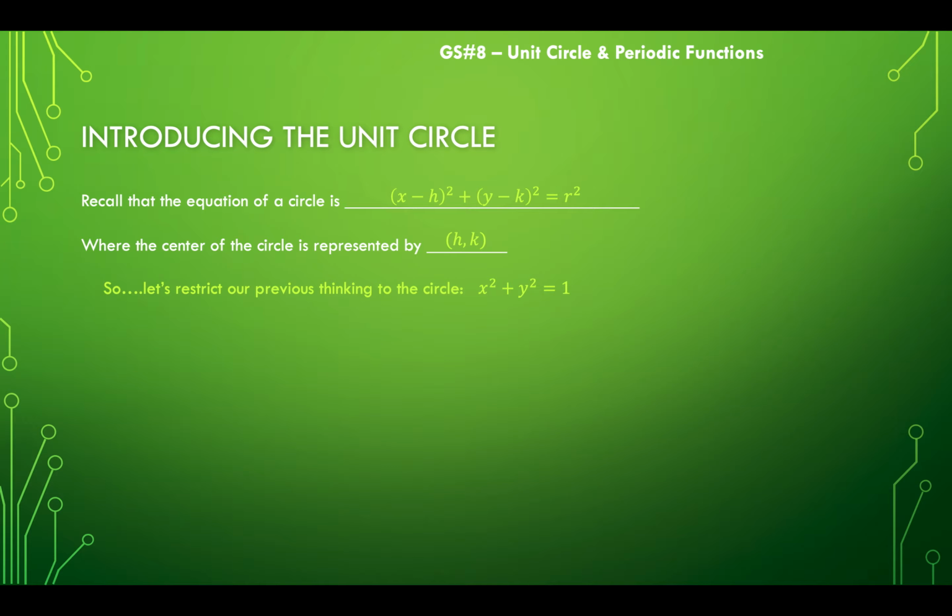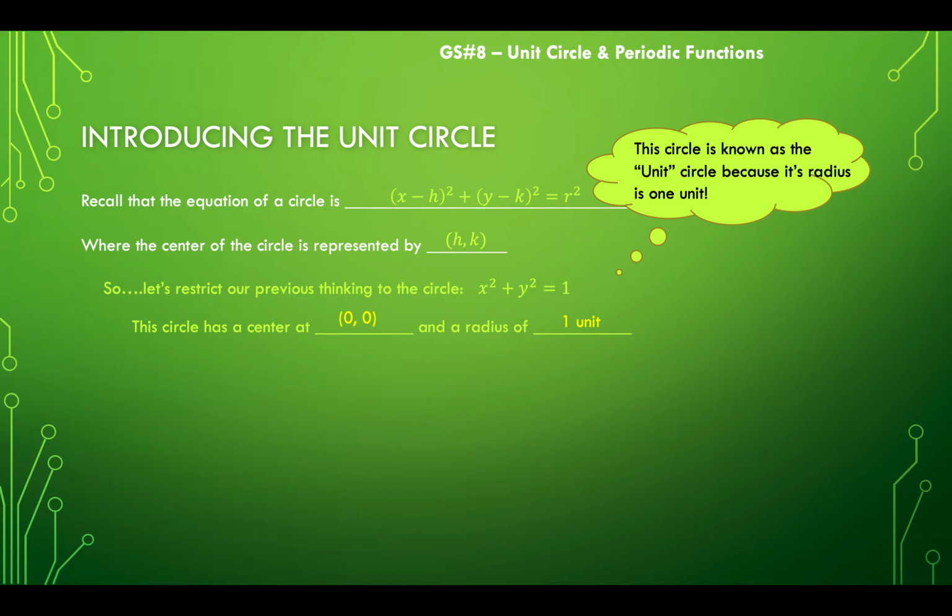So let's focus on this particular circle. It's in this form, but notice there's no h and there's no k. That means this circle has a center at the point (0, 0) and a radius of 1 unit. This particular circle is known as our unit circle because its radius is 1 unit.